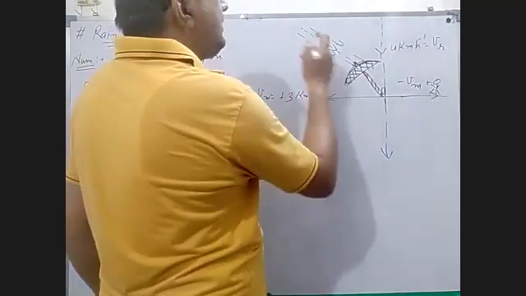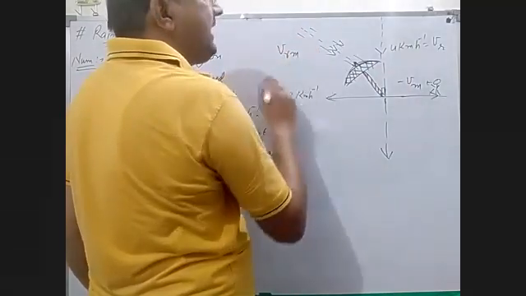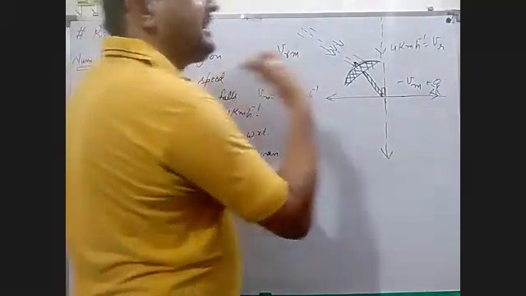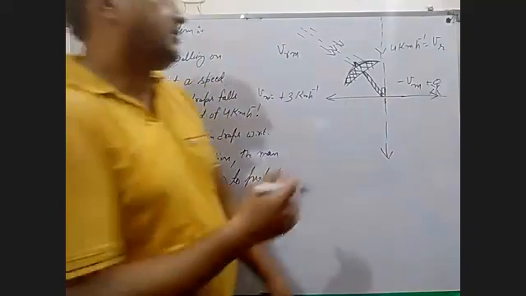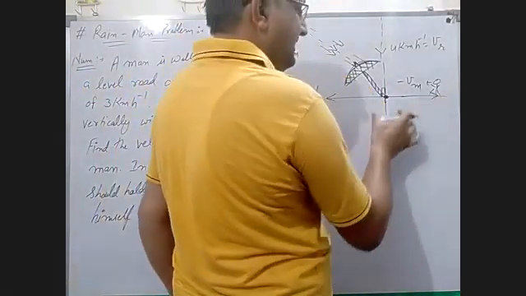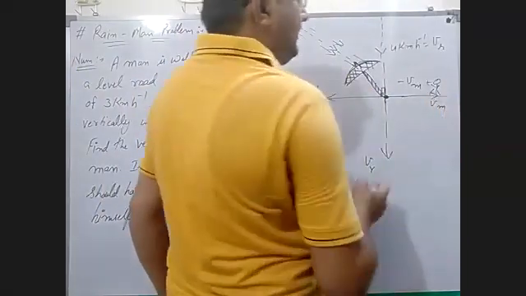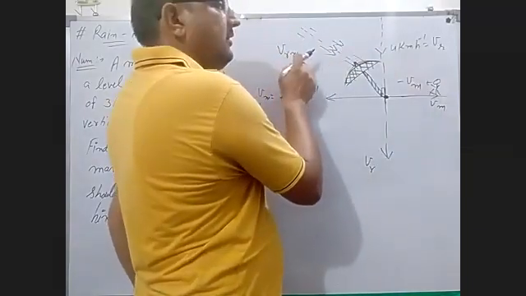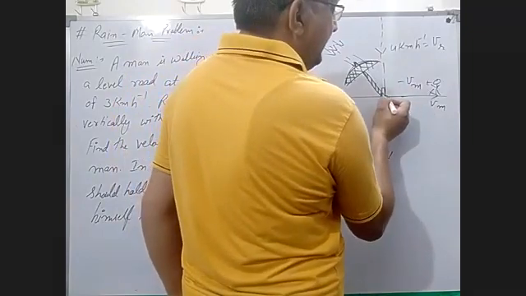So to know the velocity of rain with respect to man, you have to take the velocity of man in reverse order, in the opposite direction, because this is the point from where two vectors arise, one of rain, another of man, and the resultant velocity of rain with respect to man you can take in this direction.